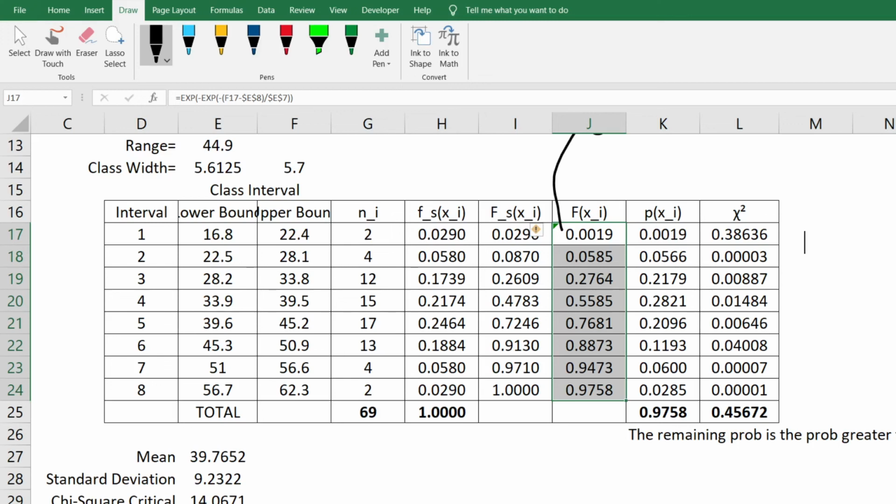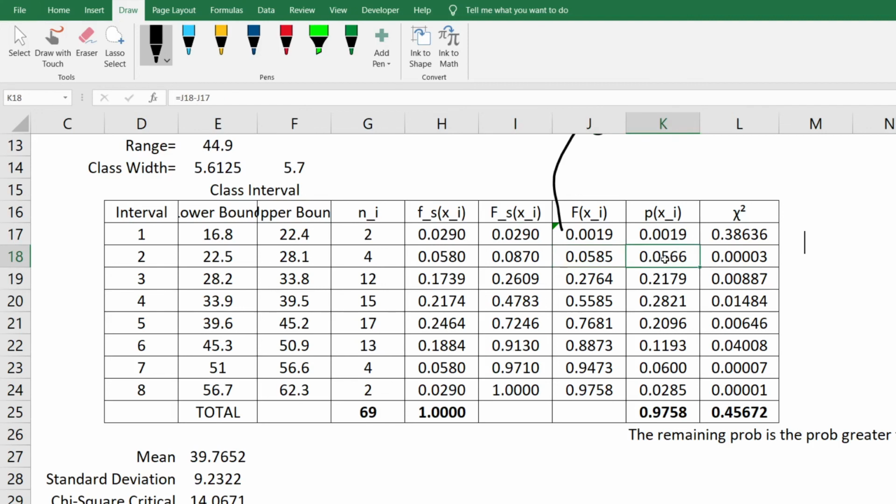Yan na. Okay? And then, for the next one, kagaya ng ginawa natin doon sa normal distribution, to compute for the probability of x sub i, basically yan yung f of x sub i. Ang gagawin natin dyan, i-minus lang natin yung from, eto since pareha sila, kopyahin lang. Etong pangalawa, minus lang natin 0.0585 minus 0.0019.